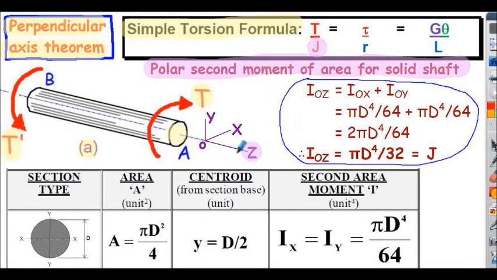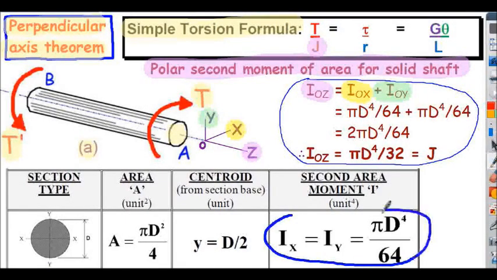And we can calculate the OZ using the perpendicular axis theorem from the previous slide, because we know that the second moment of area about OZ is equal to the second moment of area about the OX axis shown here, added to the second moment of area about the OY axis shown here. We know from the extract of our section property table below that for a solid section shaft, the IX and the IY are the same.